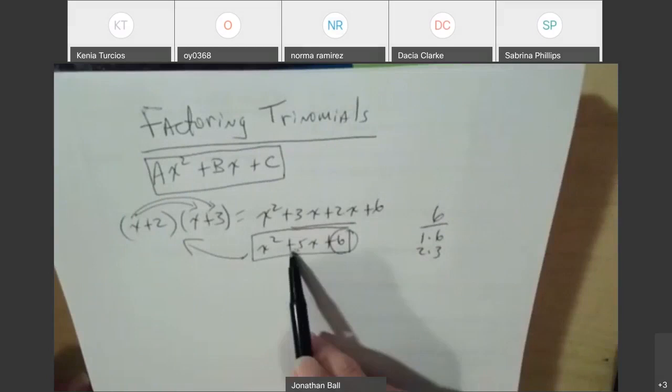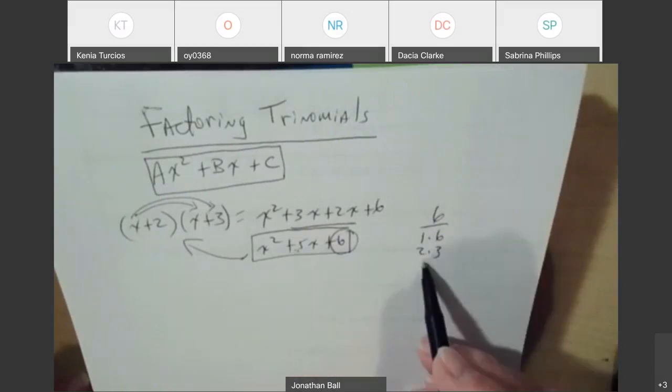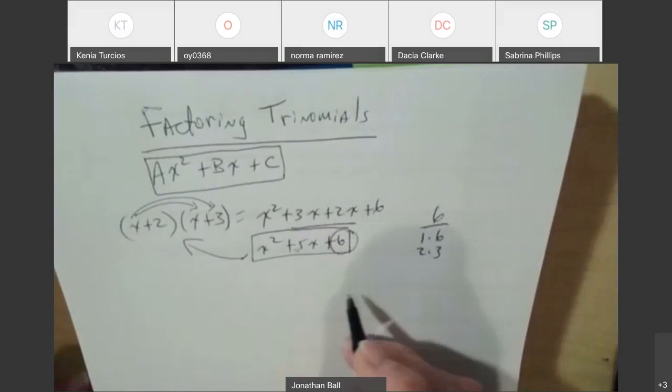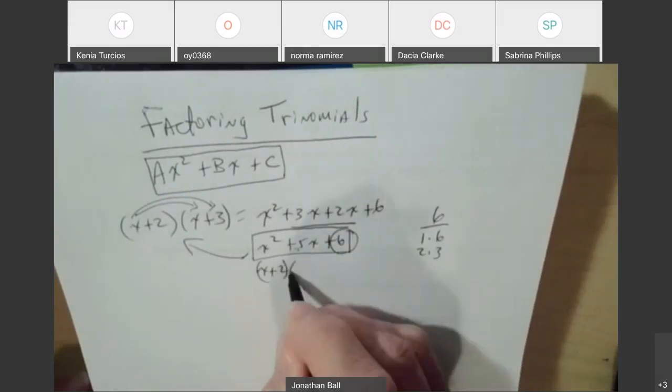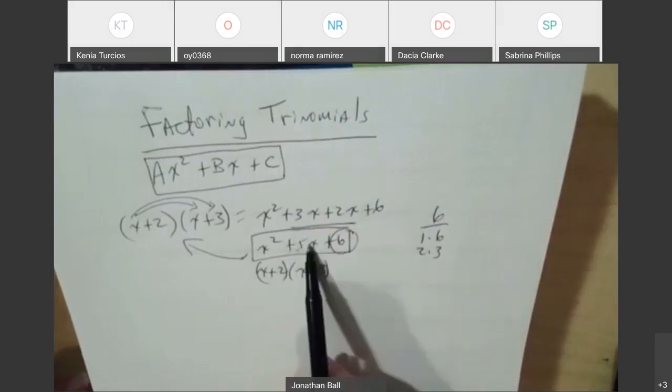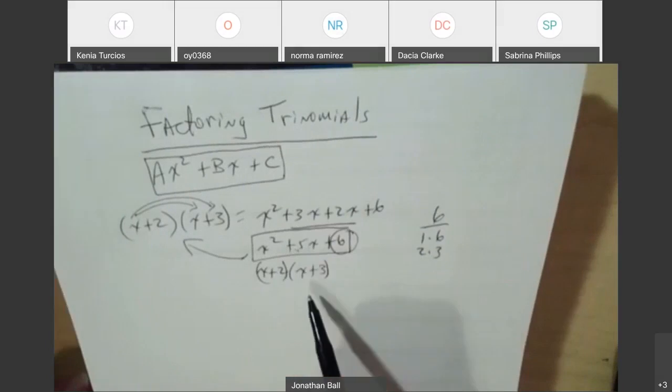Now, being that all this is positive, we're going to add. Which 2 of these add together to give us 5? 2 and 3, right? So we're going to split this up into x plus 2 times x plus 3. That's how we factor a trinomial.